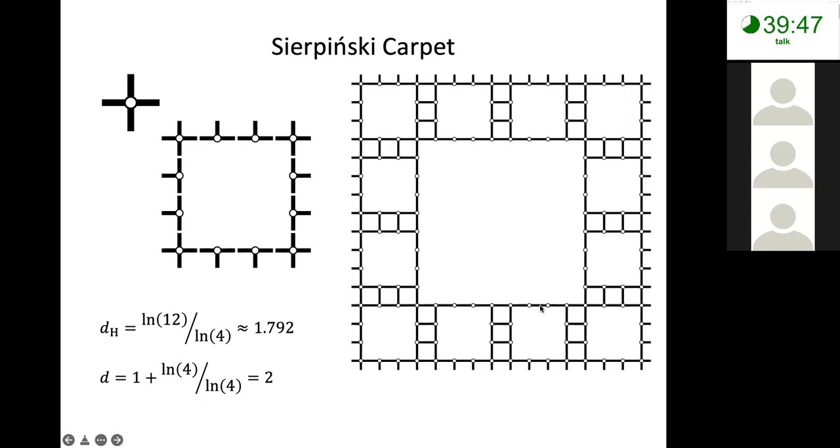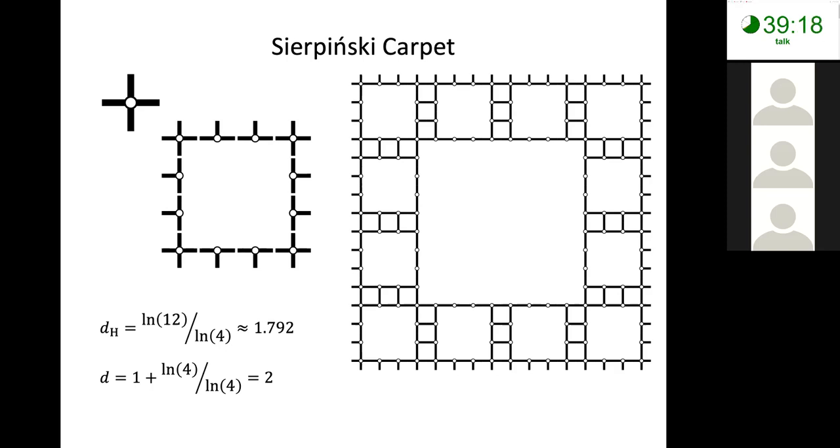In a similar manner, we can define the extension or composition of another kind of fractal. This is a Sierpinski carpet. Interestingly, the Hausdorff dimension is the same as in the previous case. However, the boundary dimension is exactly 2.